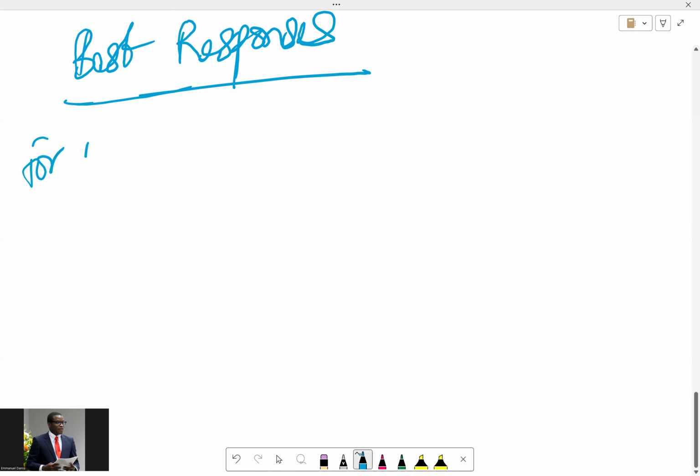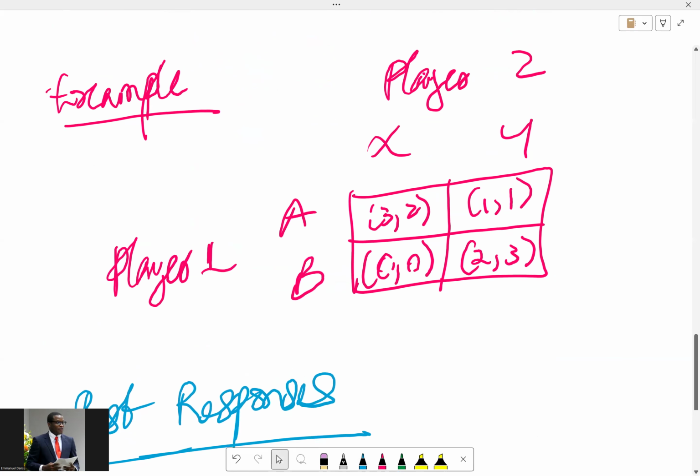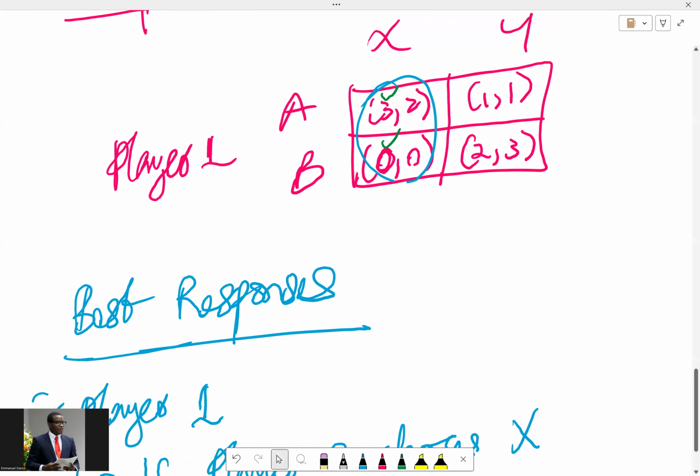So you start with player one. If player two chooses strategy X, that means we are talking about this whole column now. So automatically, player one has two options, either 3 or 0. And as a rational being, player one will choose 3, and that will be his strategy A.